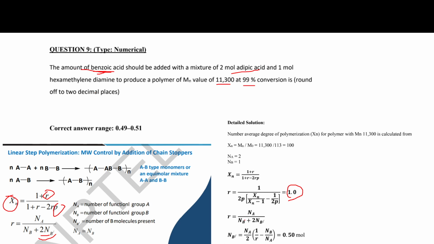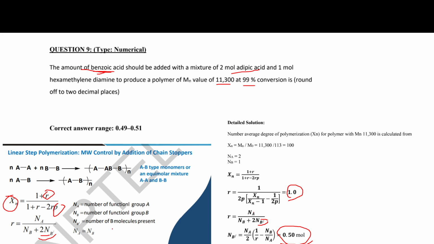If you put in the Na and Nb values, the only unknown is Nb', the monofunctional impurity you are adding here. How much you have to add, from there you can easily calculate the mole fraction.